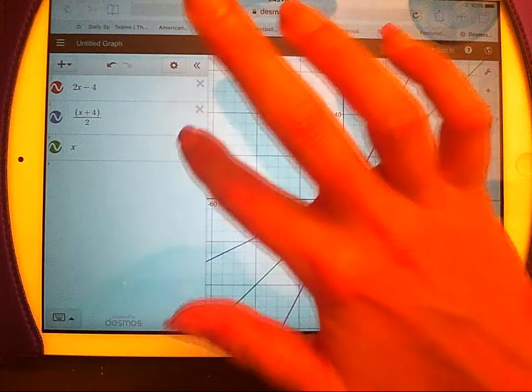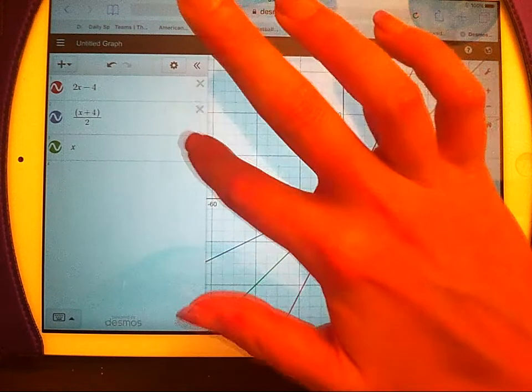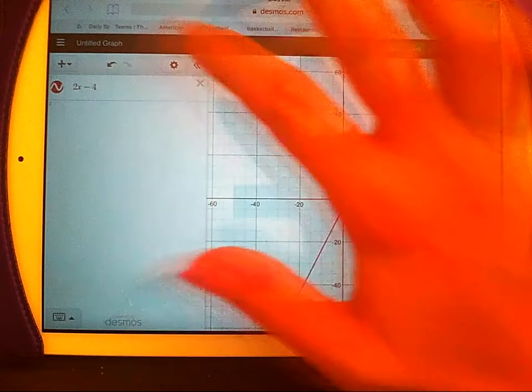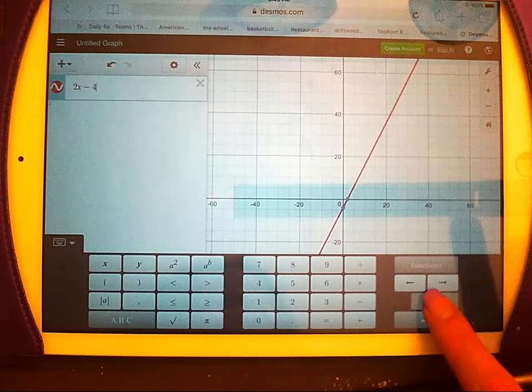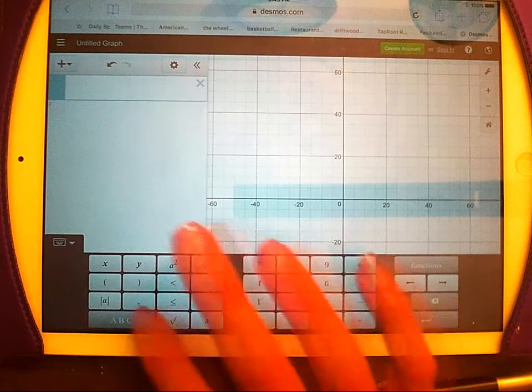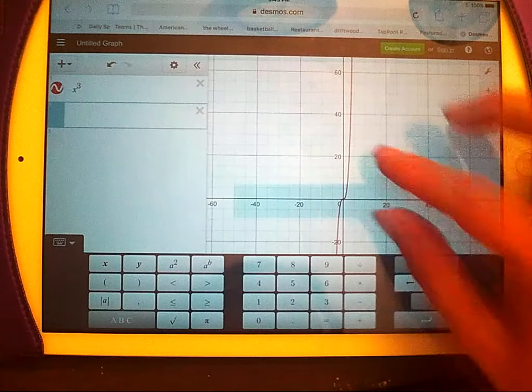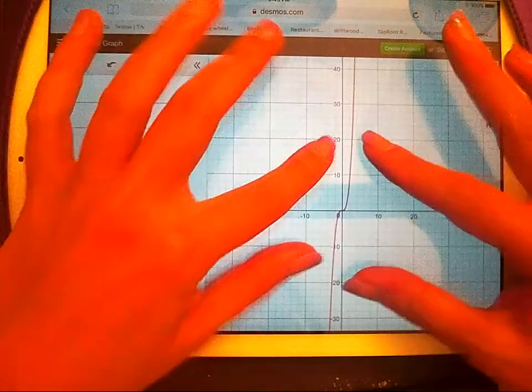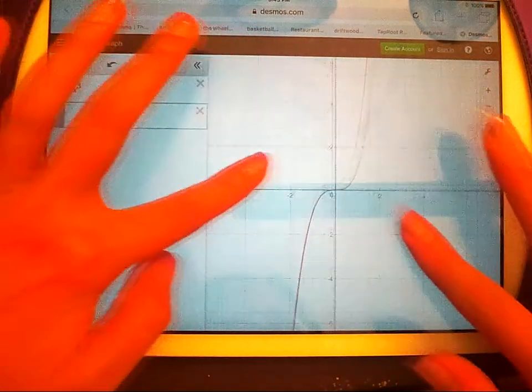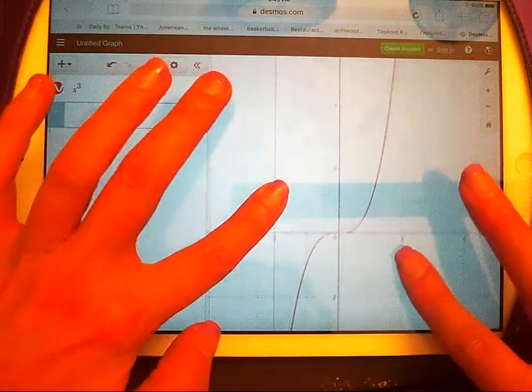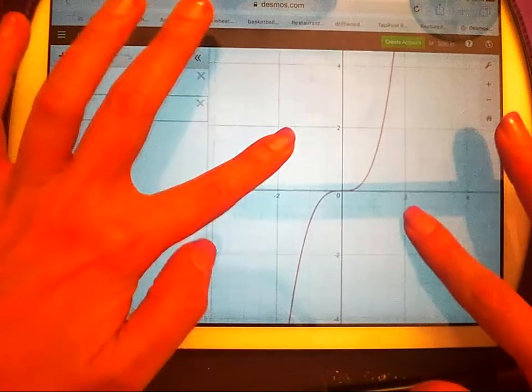Let's try another one and see if that still happens. We said at the beginning that x cubed, there's x cubed, our parent function. Let's zoom in a little bit more so we can see it better.